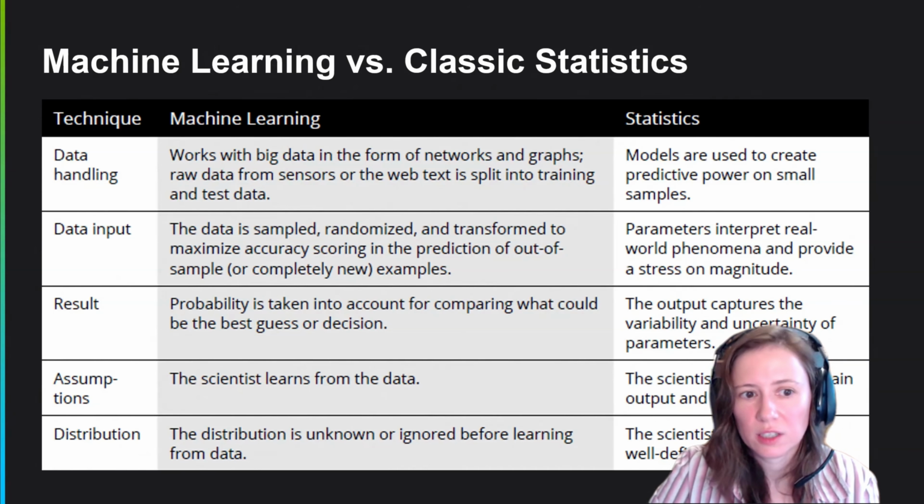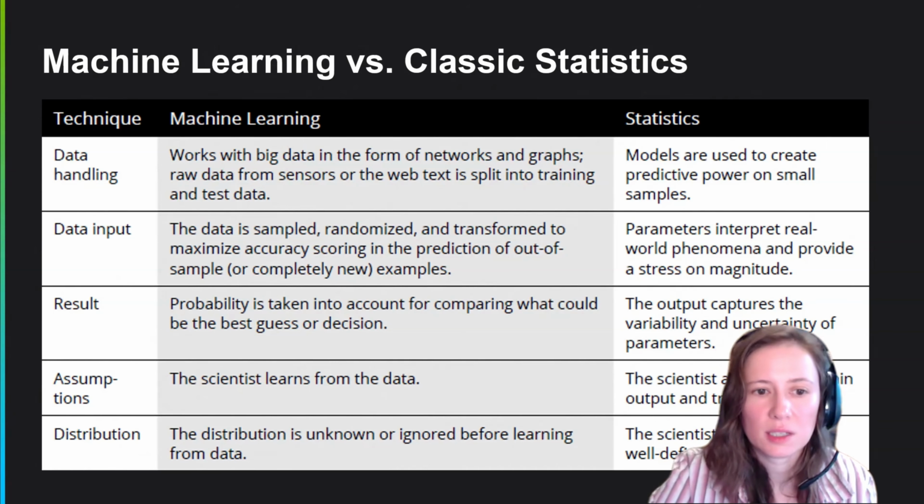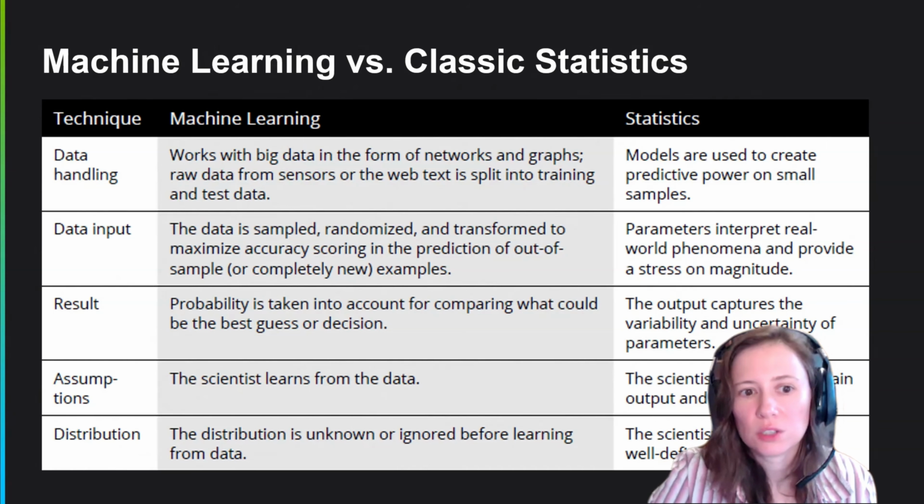In terms of data input, machine learning will have a more data-driven type of approach. The model parameters will be defined based on the seen data. So it's very critical that the data is sampled, randomized, and transformed correctly, preprocessed correctly, so we can maximize the accuracy of the prediction of these models.